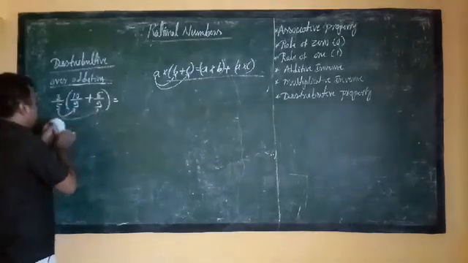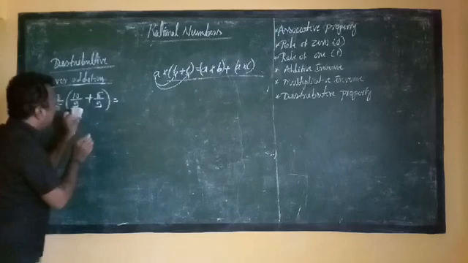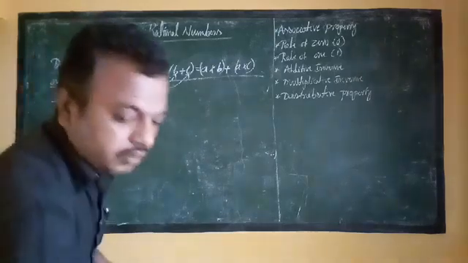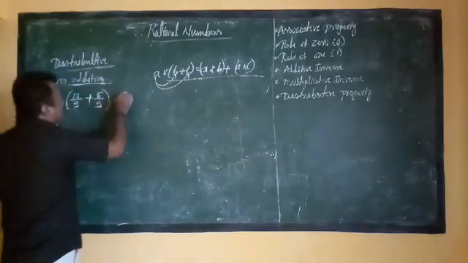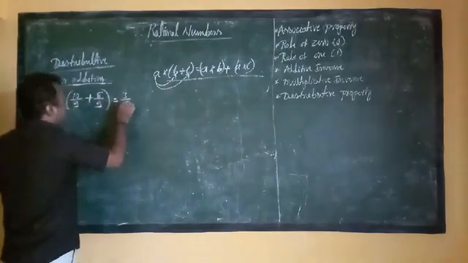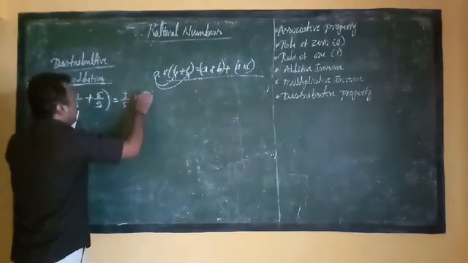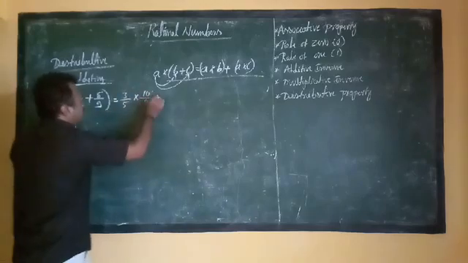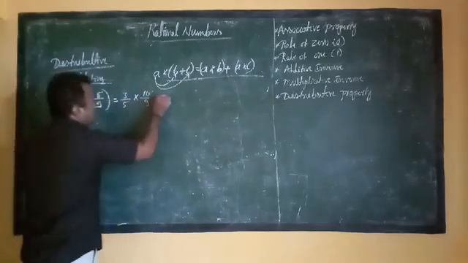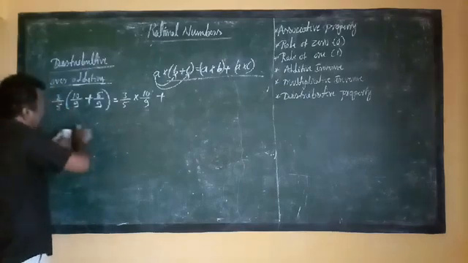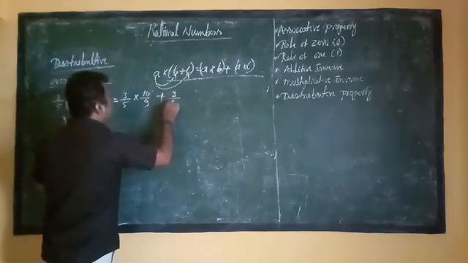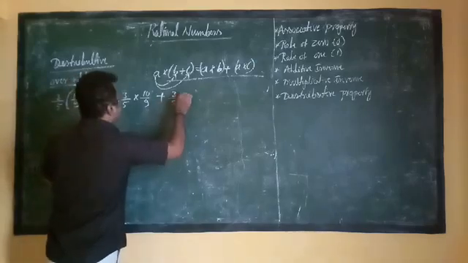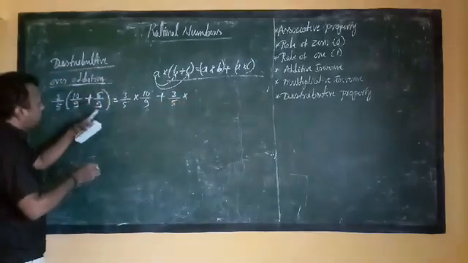Okay, see students, 3 by 5 into 10 by 9. One time you should multiply that. Next, this plus as it is. Again 3 by 5 you should multiply with 5 by 9, 3 by 5 into 5 by 9.